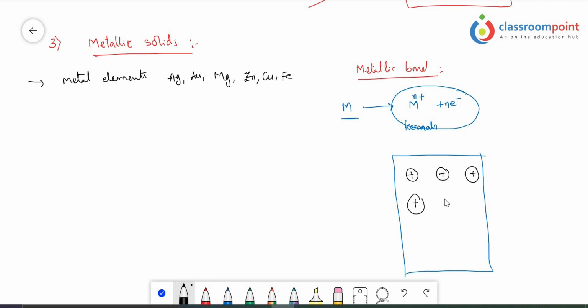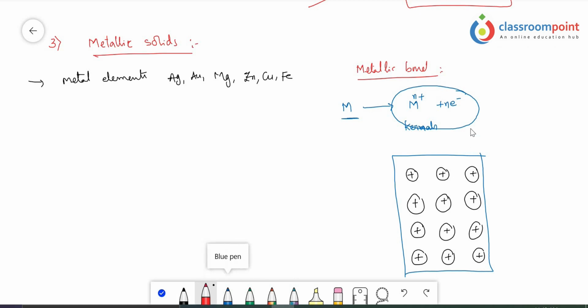So metal is basically made up of metal kernels, metal ions like this. These are all kernels. Then where are the electrons located? These electrons are placed in between the metal ions, the kernels, like this.